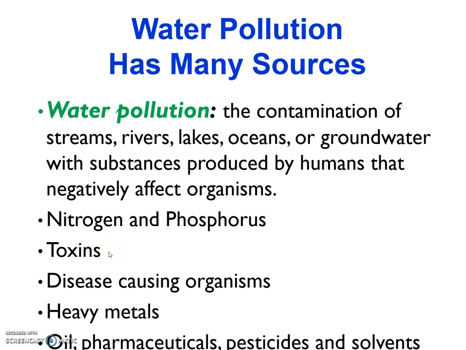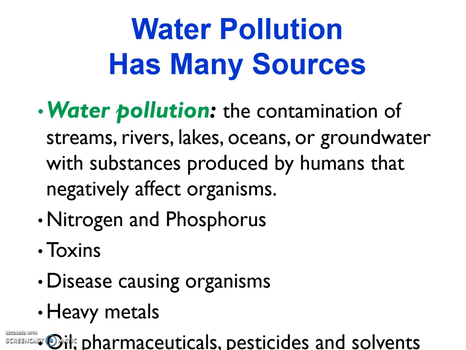Toxins might be any chemical that might be harmful to us. In the case of Cape Cod, some of those toxins were introduced into our water through percolating through our sandy soils and contaminating it.